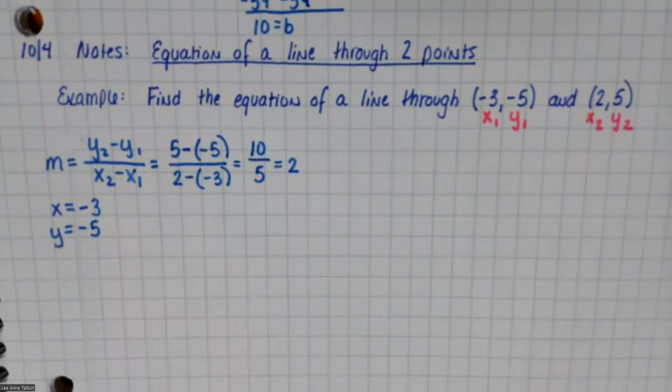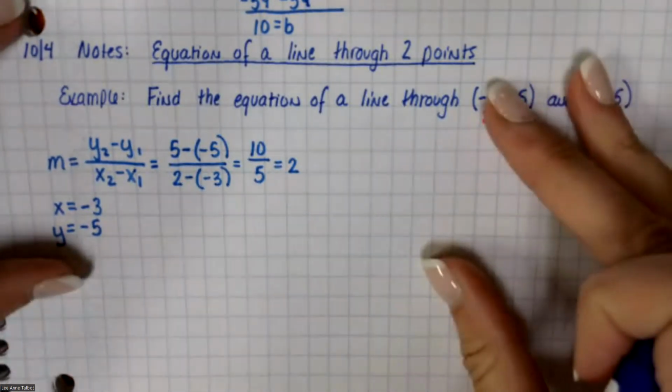Okay, and then I'm going to identify a point. Does it matter which point I use? No. And to be honest, 2, 5 is probably easier because it doesn't have any negatives in it, but it doesn't matter because we're not scared by negatives over here. You're fine.